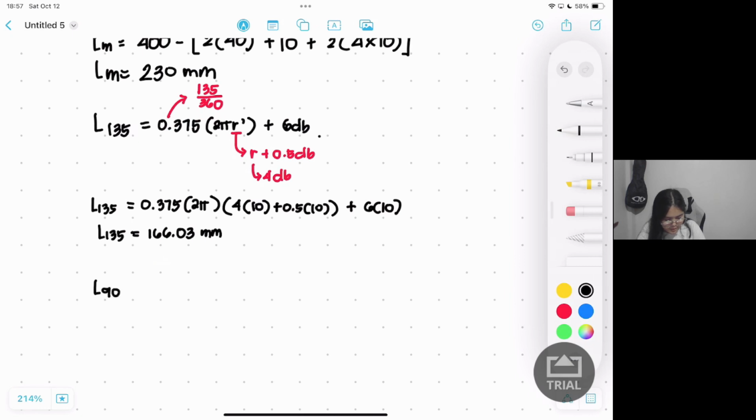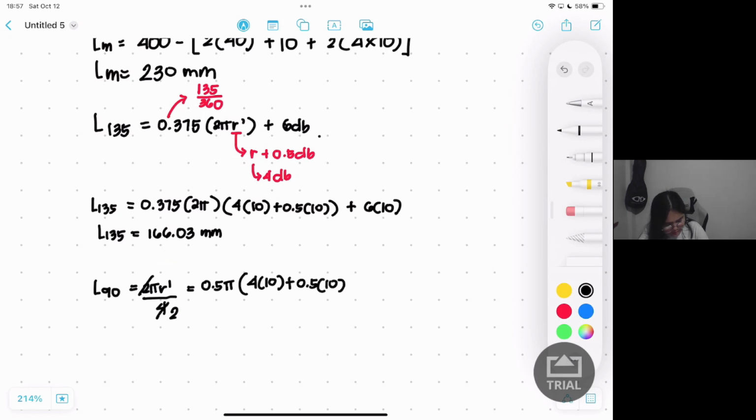And then for 90 degree natin, meron tayong 2 pi r divided by 4. Kasi quarter circle lang yung 90 degrees natin. Okay? So, cancel natin yan. Maging 0.5 na lang. Yeah, 0.5. So, 0.5 pi times 4 times 10 plus 0.5 times 10.